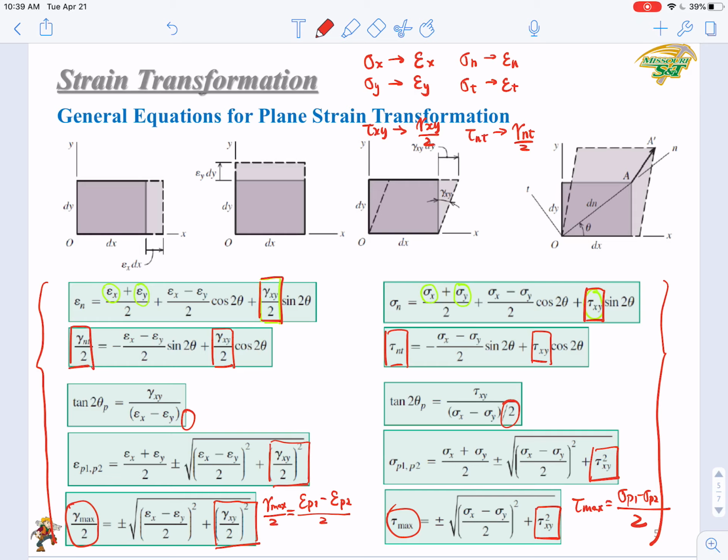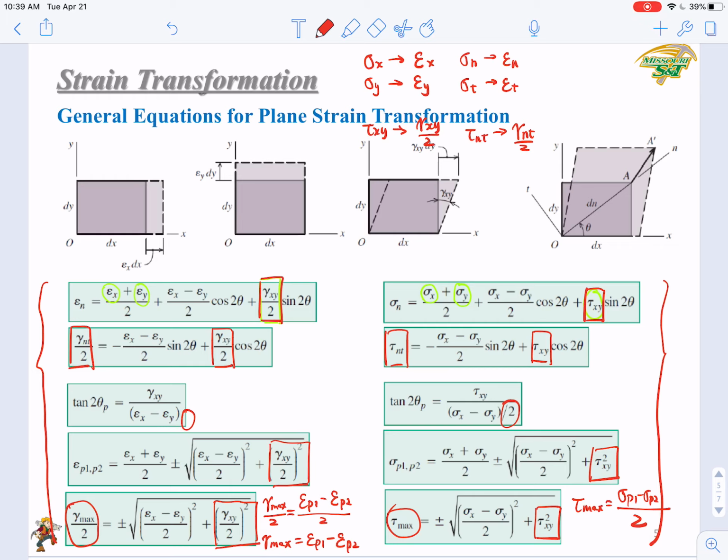According to this analogy, we should have gamma max over 2 equals epsilon p1 minus epsilon p2 over 2. Right? So in that sense, the maximum shear strain gamma max will be epsilon p1 minus epsilon p2. Okay, those are the equations.